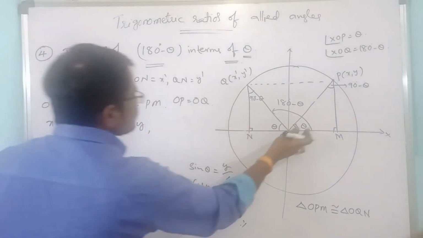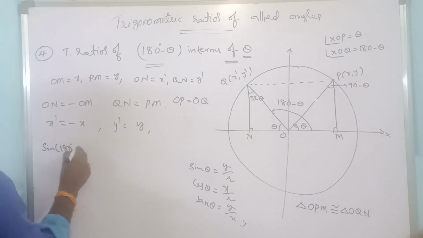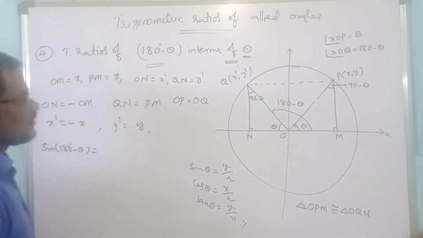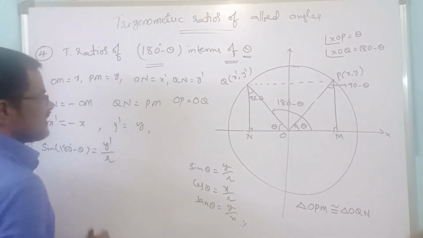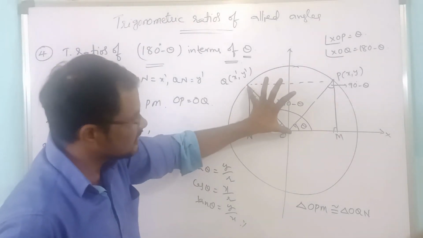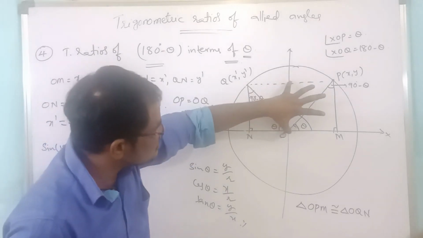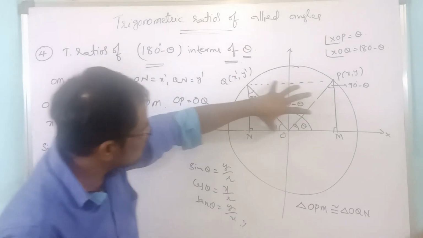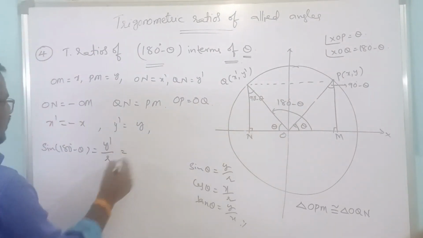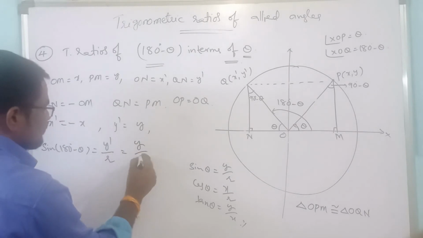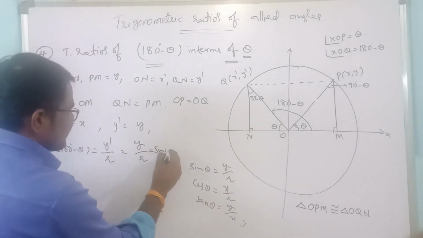Now, so here sin of 180 minus theta equal to, so what will get? Y dash by radius, because for this one projection of radius on y-axis is this length. This length is equivalent to, means equal to this length. This is y dash, but y dash is what? Y by r, but y by r is sin theta only.